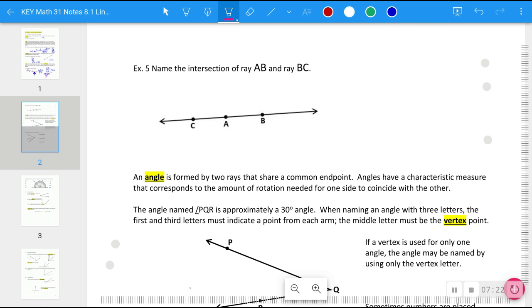Okay, name the intersection of ray AB and ray BC. Now, the first thing I'm going to mention here is that when I typed this, I didn't have any way of putting the ray symbol on it, so I'm going to do that on both of those. Ray AB and ray BC, we're supposed to find the intersection where they cross. Well, I'm going to color ray AB in pink.